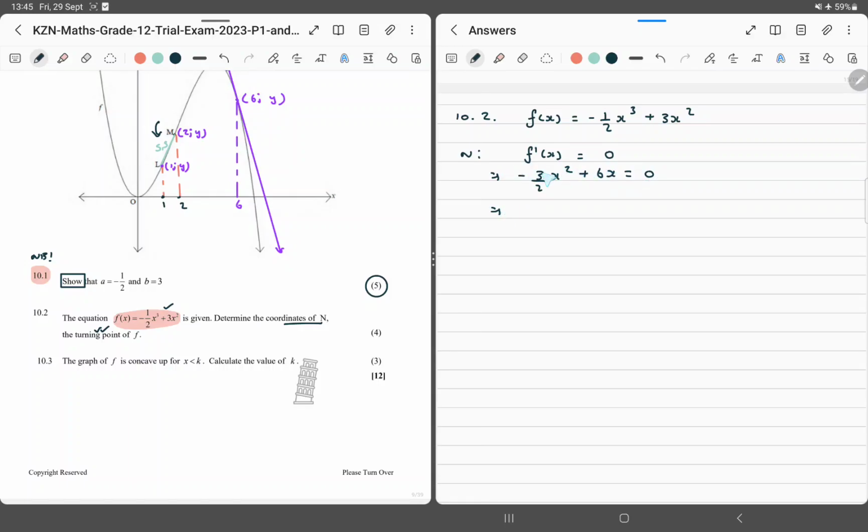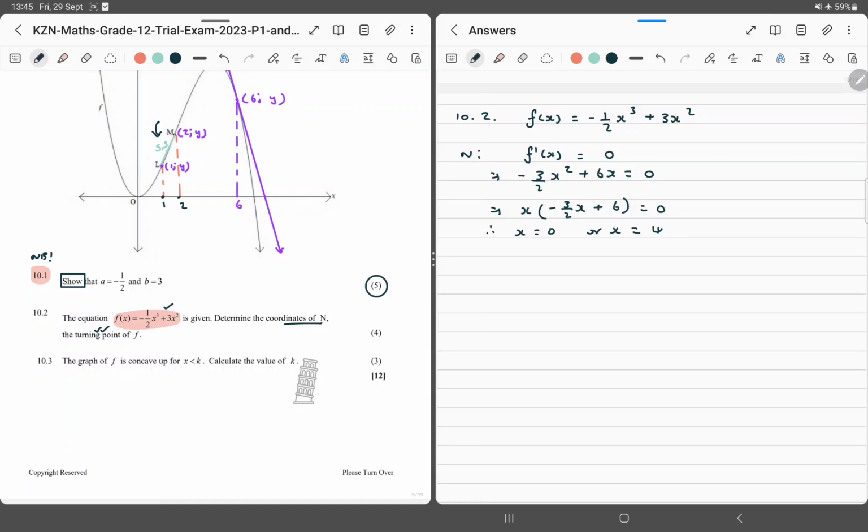We can take out the highest common factor, which is just x, into minus 3 over 2 x plus 6 is equal to 0. So therefore x is 0, or x is equal to minus 6 divided by minus 3 over 2.